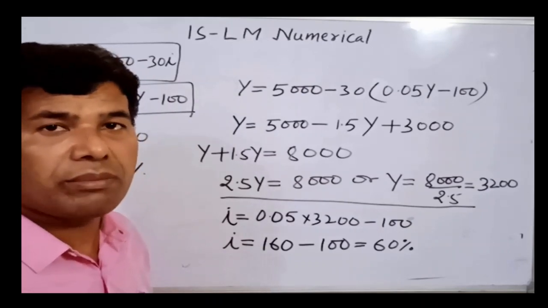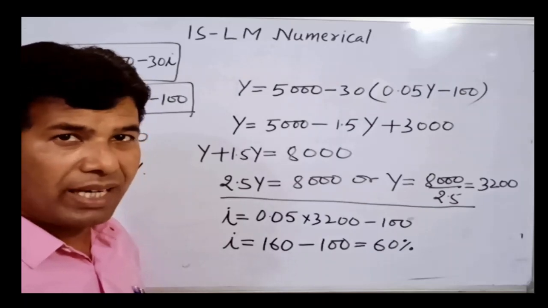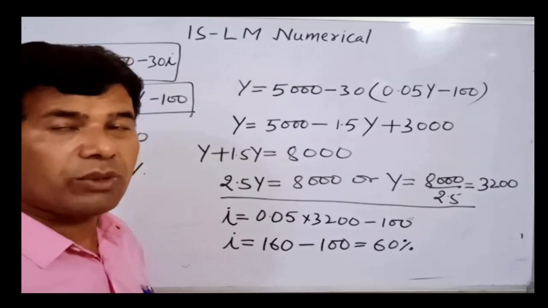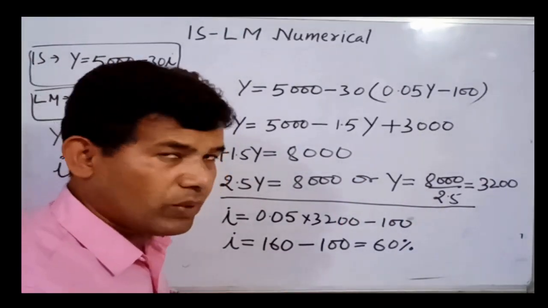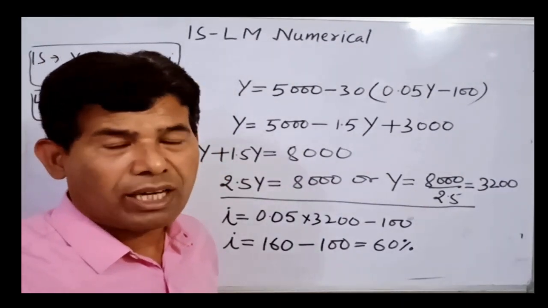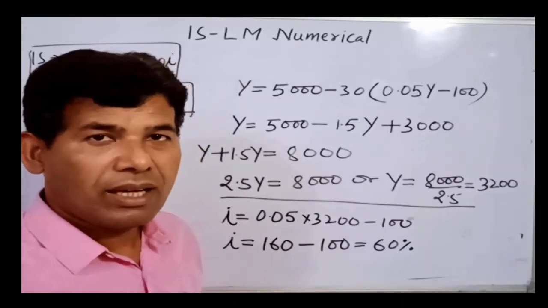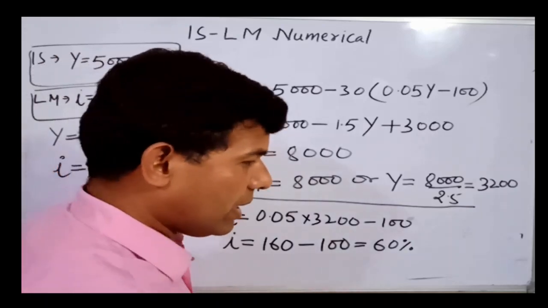How does a rise in money supply affect the equilibrium level of income? So this is what your second question is basically asking: how does expansionary monetary policy affect the equilibrium level of income in the economy, or the GDP level in the economy?